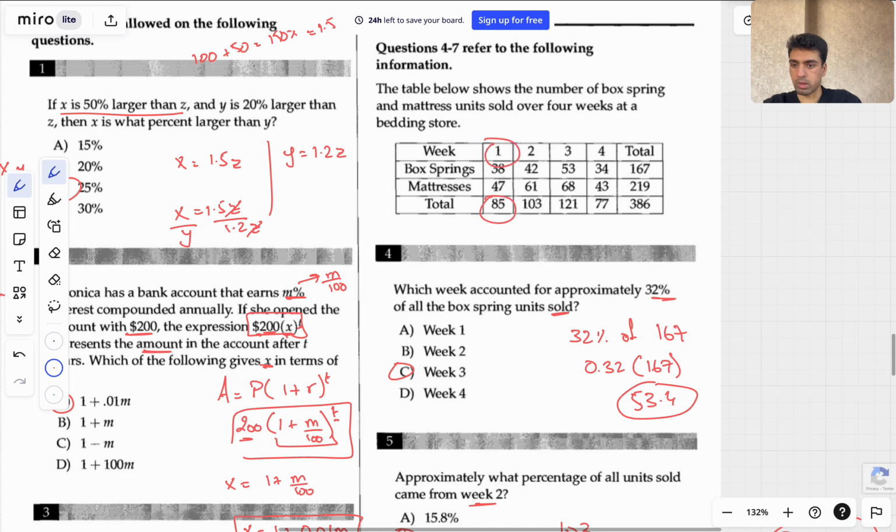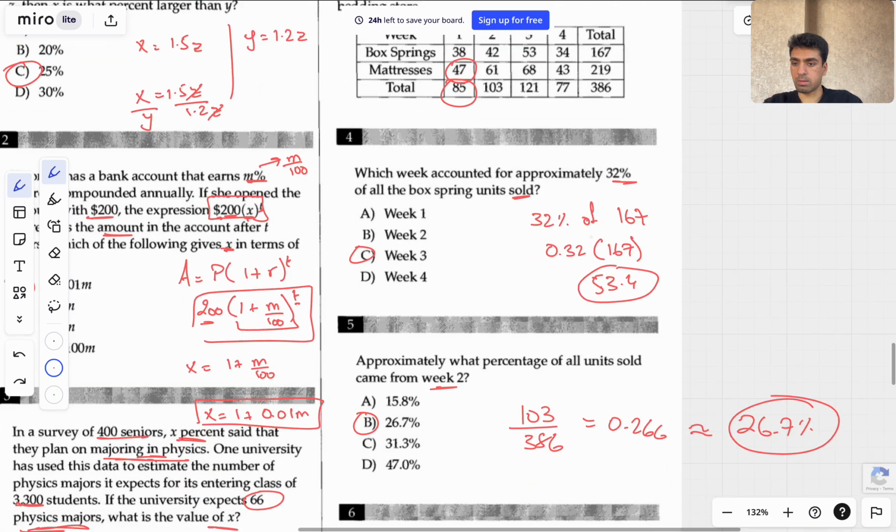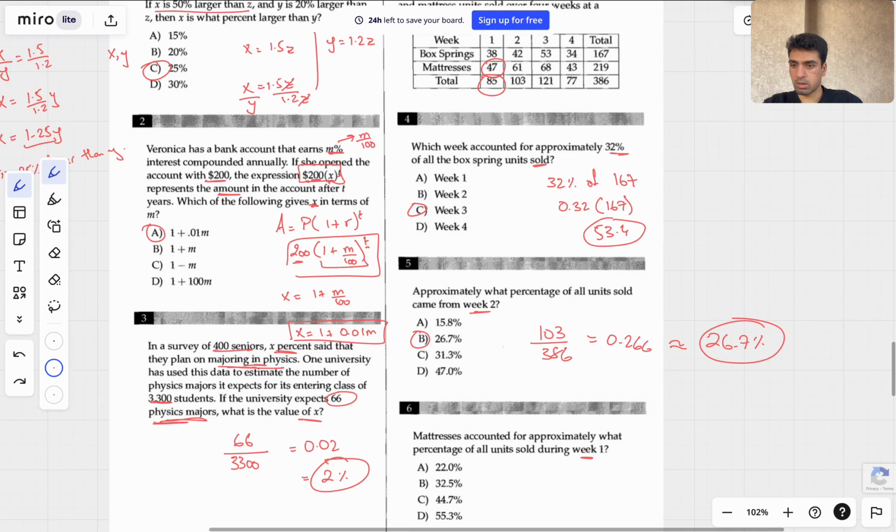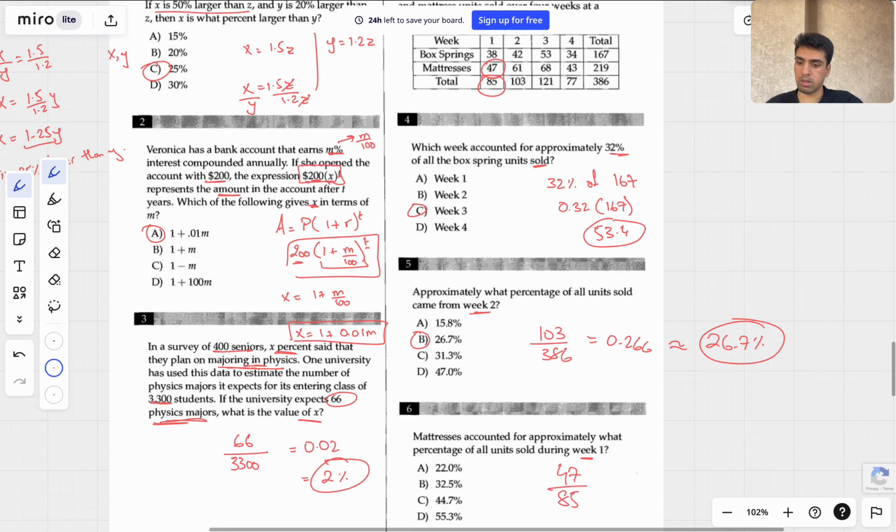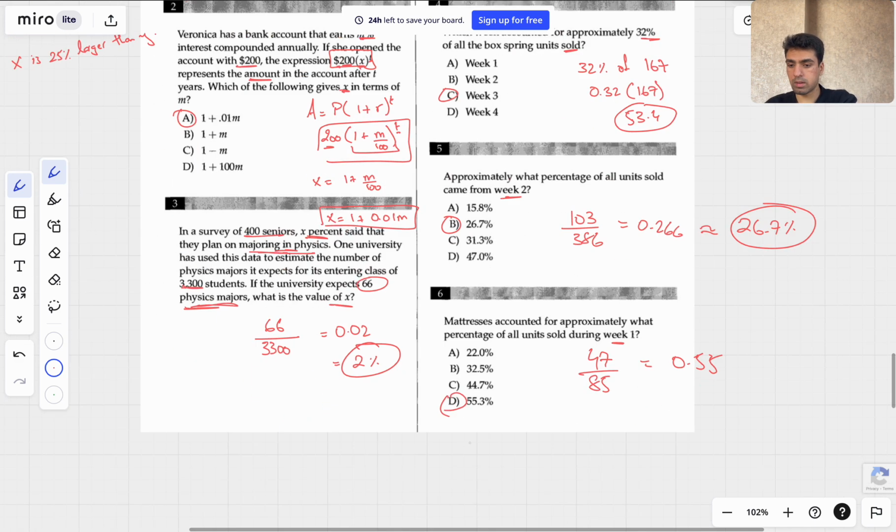We're looking at week 1, and then mattresses accounts for how much of that? Mattresses were 47 in week 1, right? So that's 47 out of 85. That's going to be 0.55, which is around 55%. That will be our answer.